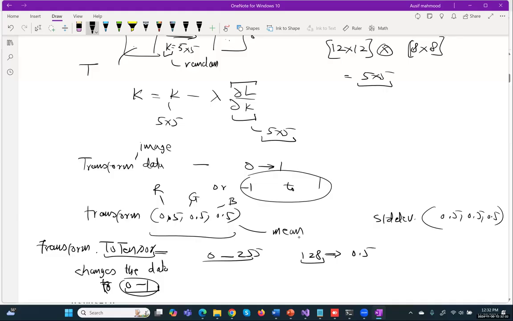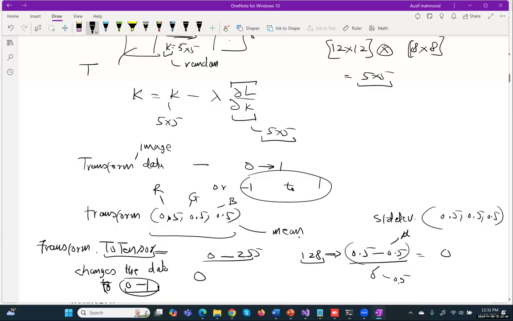Now subtract 0.5 from it, which is the mean, because in the normalization process, what we do is we subtract the mean and divide by the standard deviation. So if we subtract the mean, it will become 0, divided by the standard deviation, which we're picking as 0.5, it will become 0, right? Let's say the original data is 0, the value of the pixel. As we apply ToTensor, what will it become?